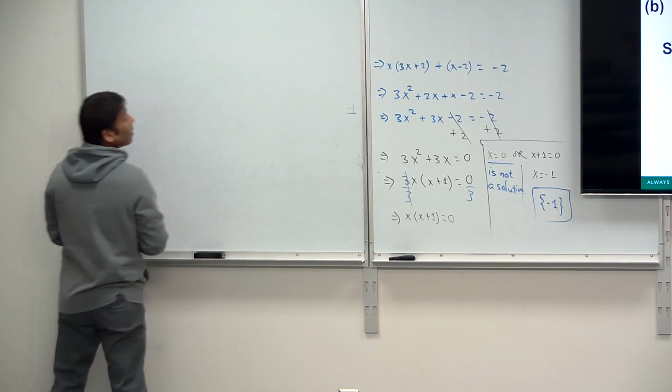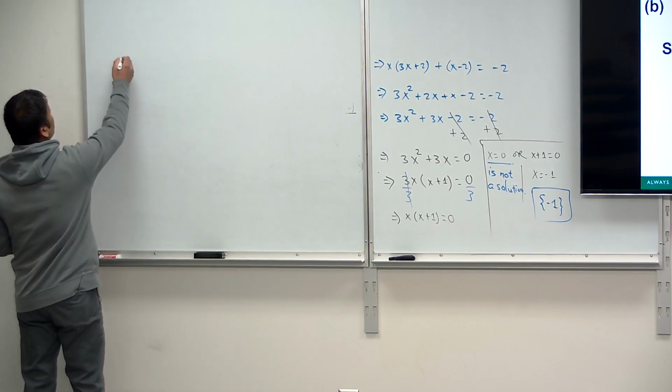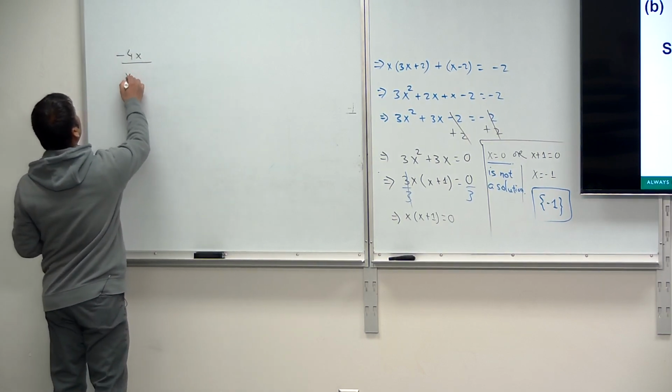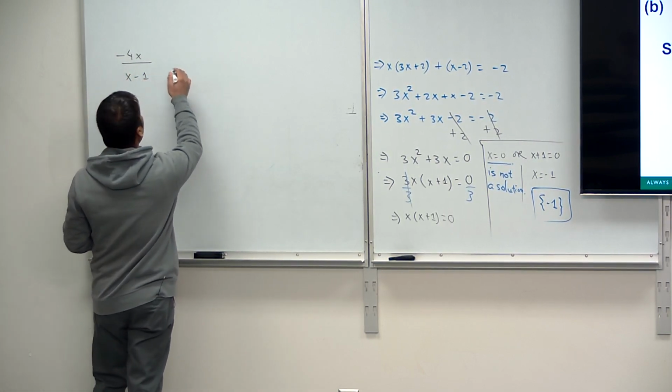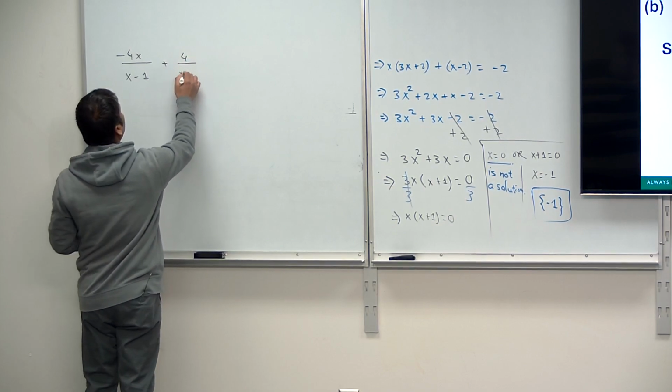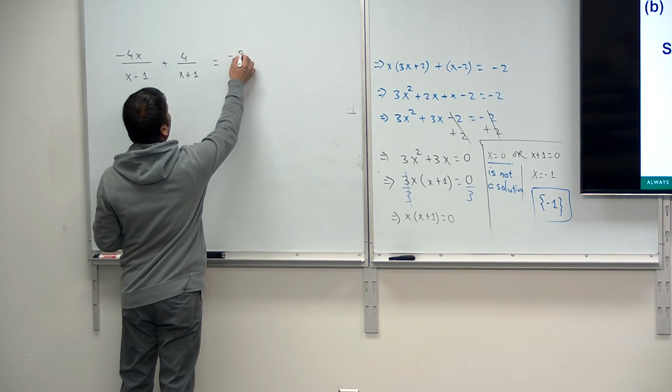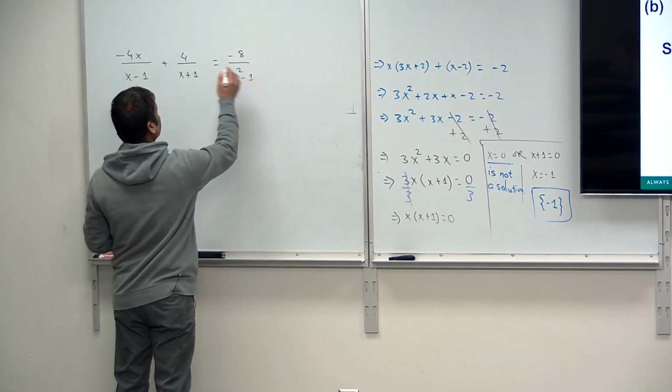Look here, guys. So what do you have? You have a negative 4x over x minus 1, and you have a plus 4 over x plus 1 equals to negative 8 over x squared minus 1, right?